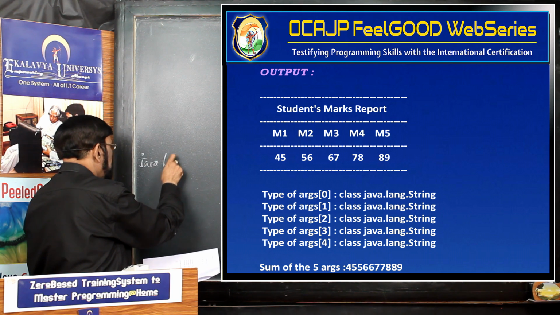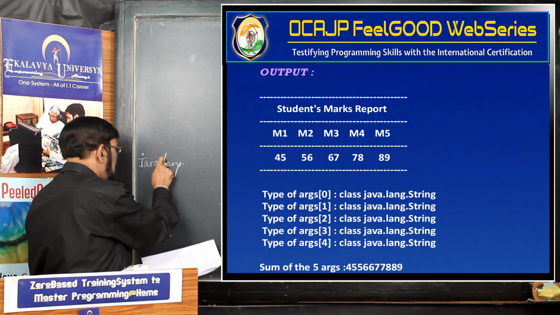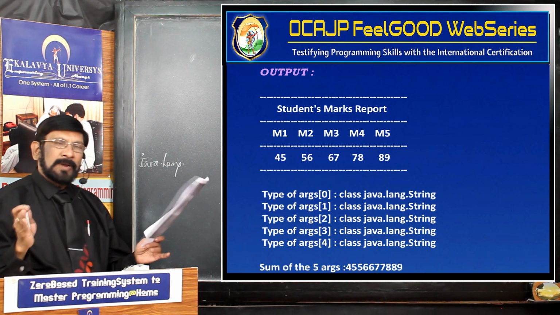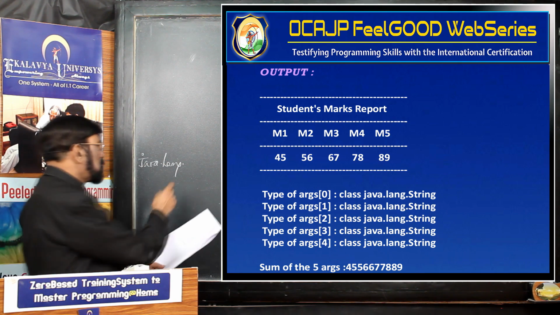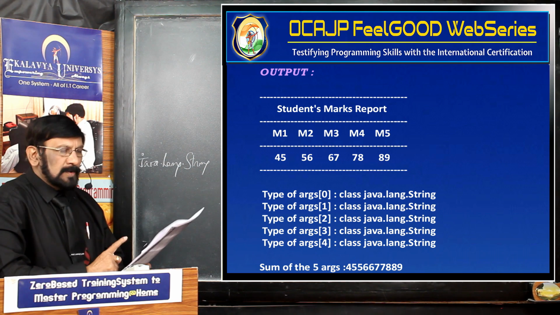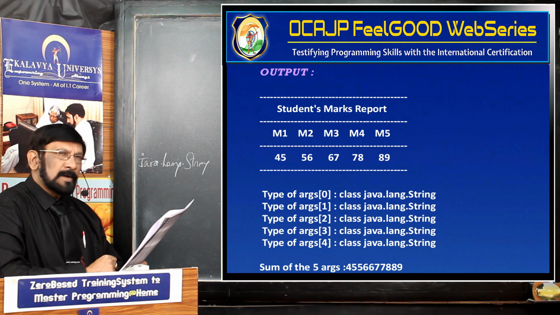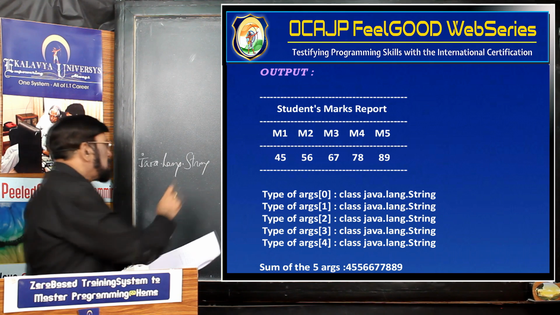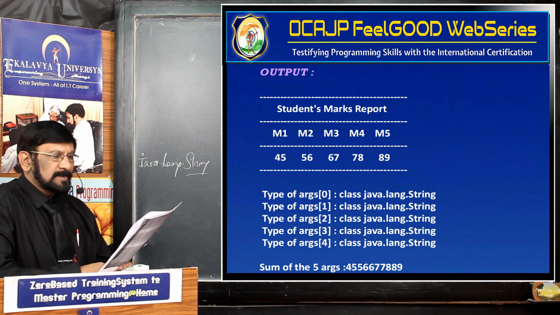Don't worry about that. This is java.lang, one package is there. In one package, all these classes are stored, and in that, this is the String class. So whatever values we are testing, all those belong to the String class. That you have to understand.